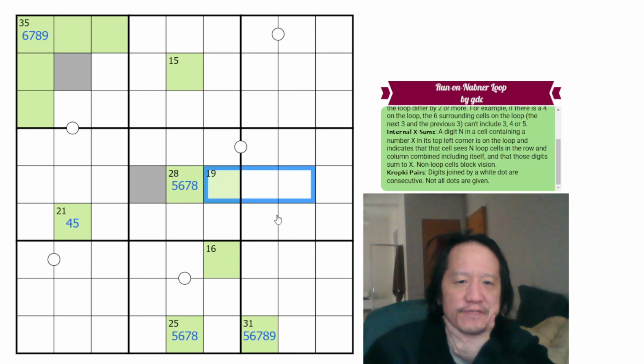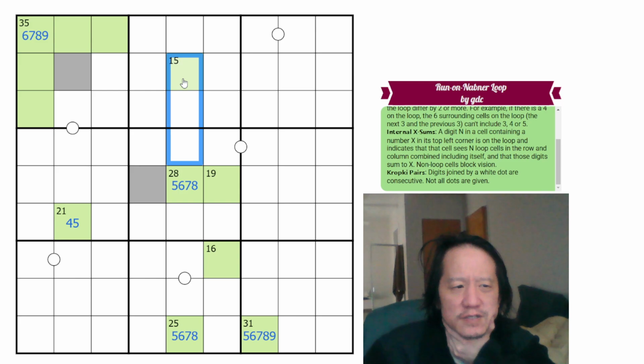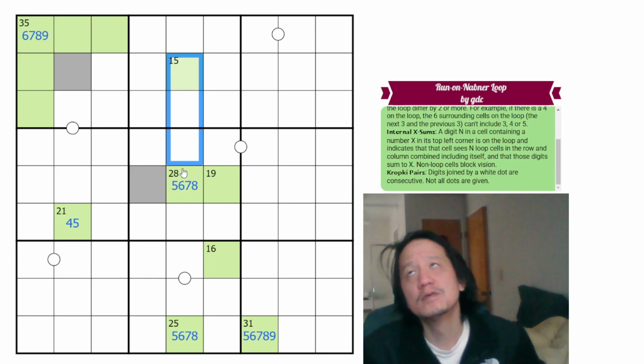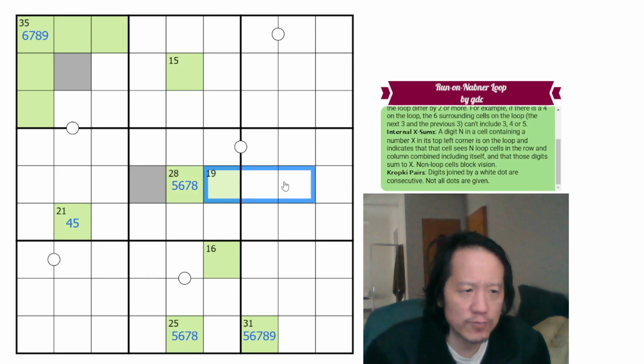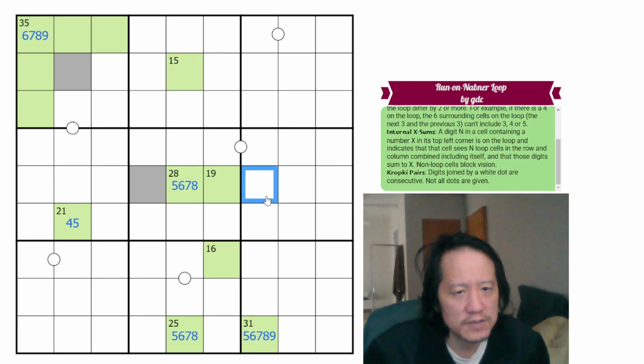It has to be 1, 3, 5 at least. So one direction could be 1, 3, 5. I guess the other direction could be 1, 4, 6 with 2. Does that work? So if you have 8, you have to have 1, 3, 5 in one direction at least. I mean, you could technically have one direction, and then 6 in the other direction.